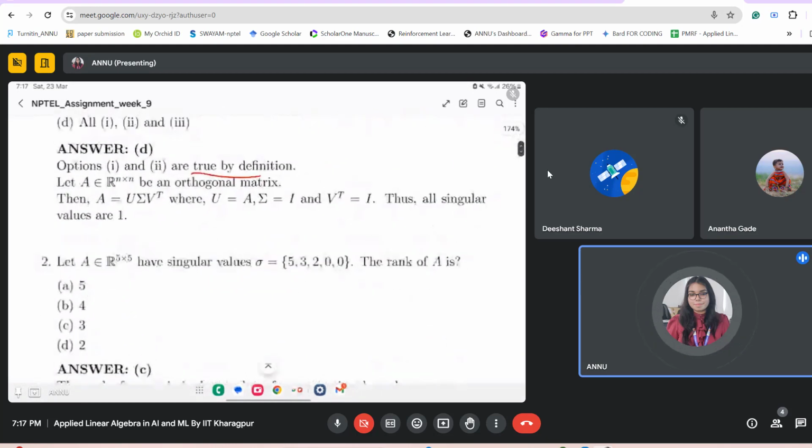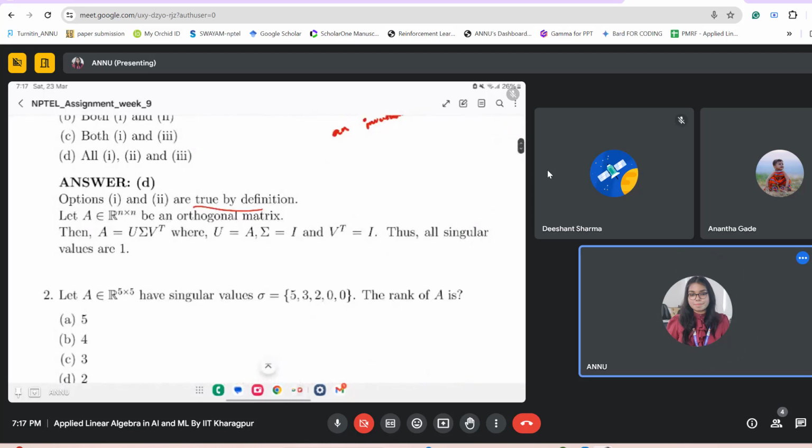Okay, can Ananda tell me what the rank of A will be in this case? This is very simple, straightforward.